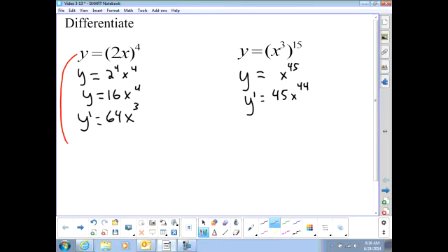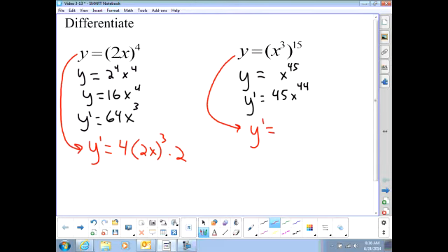If we went directly from each of these, our derivative here would be y prime is equal to 4 times (2x) cubed times 2.